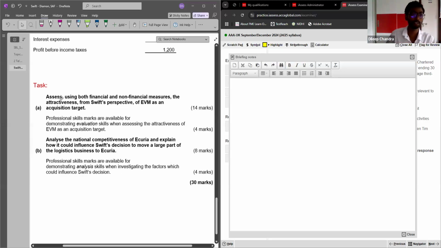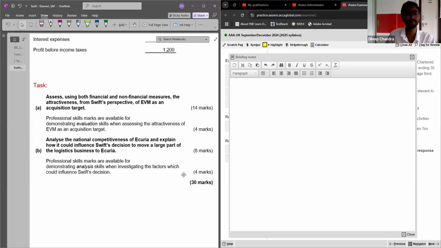Okay, so first thing we'll have to do is copy the questions here. But since that is a PDF, I'm not able to do that, so I'll directly start the answer something like this. A and B, two questions are there, right?